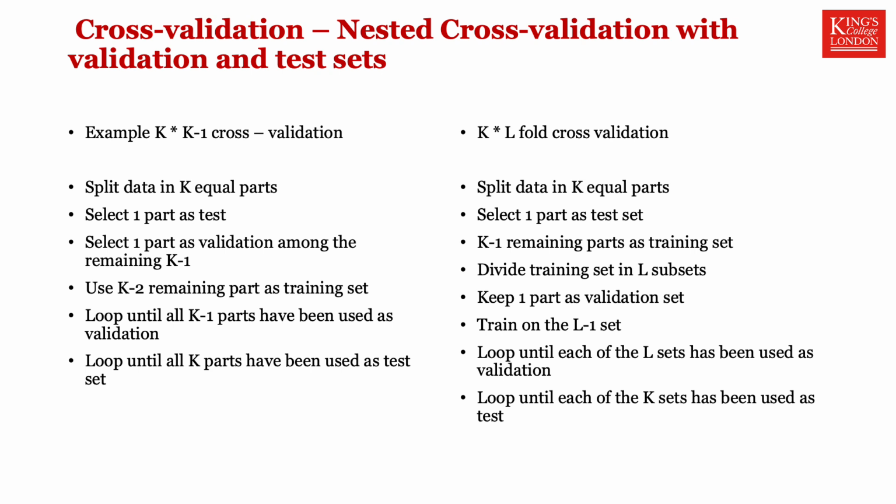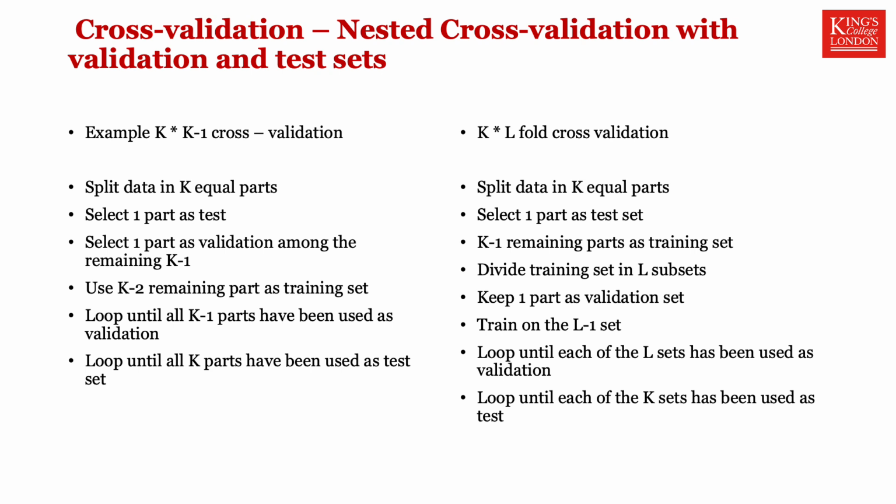In the k times L, which is one of the generic cases, you have your data split in k equal parts. You take one as a test set, so you have k minus 1 that remain. And the k minus 1, you now split into L. That means that your validation set may be of a different size than your test set. And you train on the L minus 1, keeping 1 for validation.